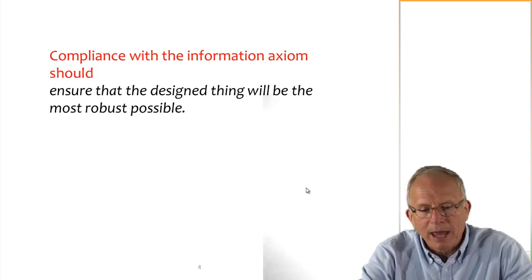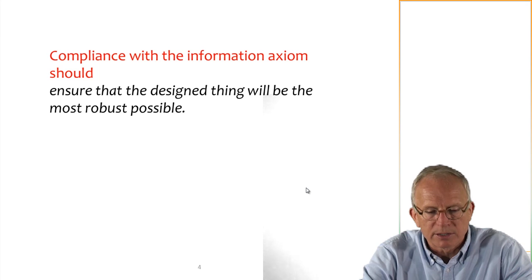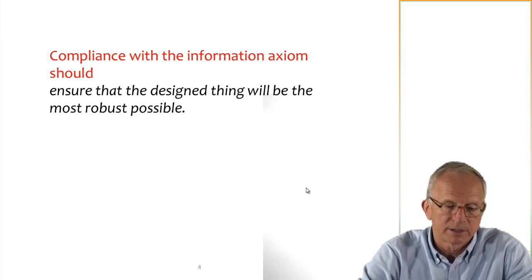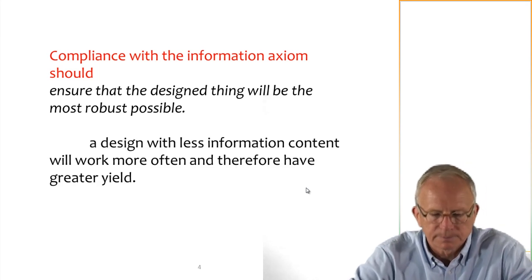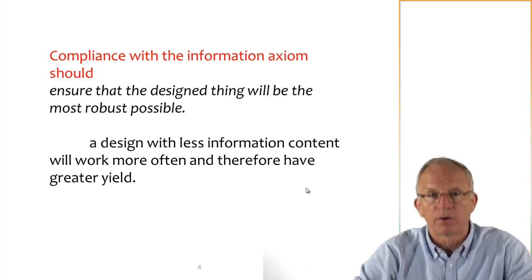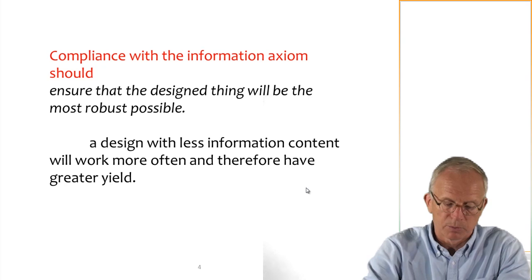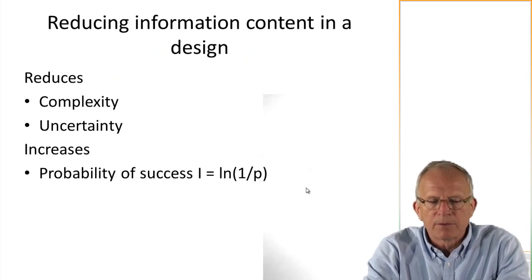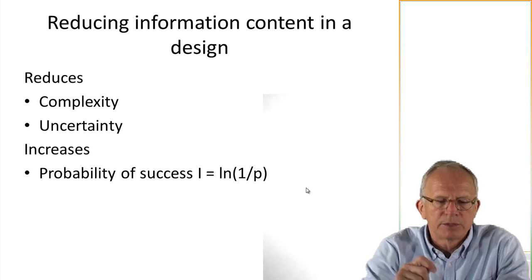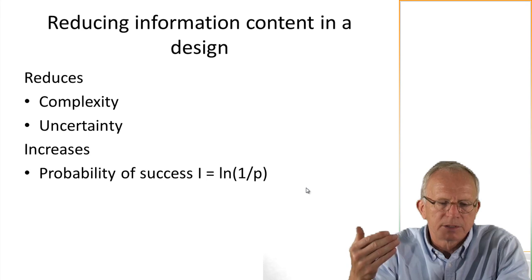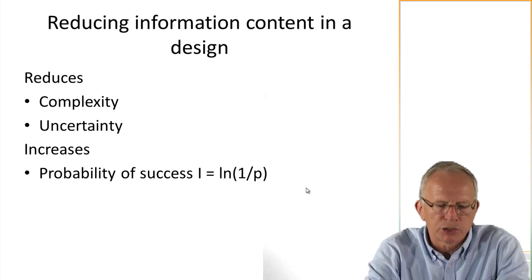Compliance with axiom 2, the information axiom, should ensure that the design will be the most robust possible. A design with less information, as we said, will work more often, and therefore a production system, for example, would have a greater yield. So reducing the information content in design reduces the complexity and the uncertainty about its operation.